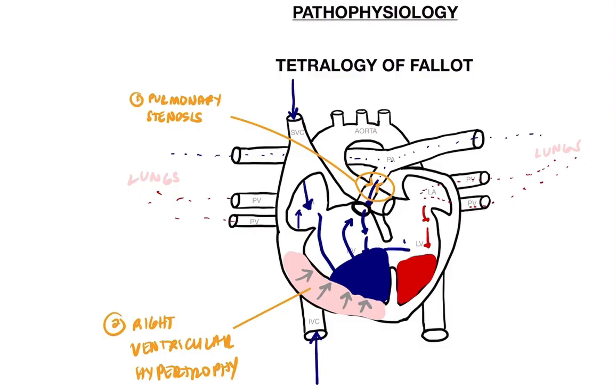So the deoxygenated blood in our right ventricle is then transferred through that septal defect into our left ventricle. That mixes with the oxygenated blood, okay, there's mixing of blood, which is why we represent it as color purple.